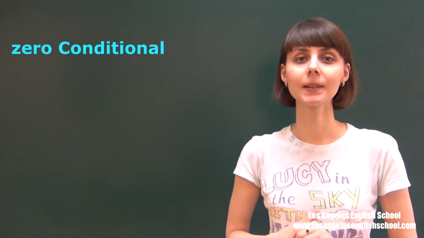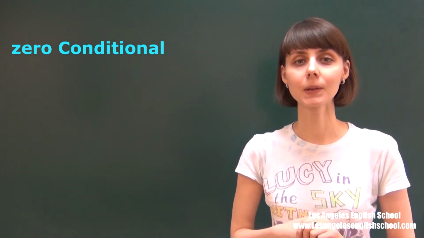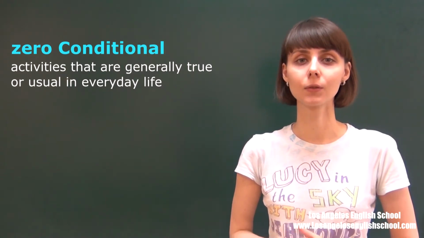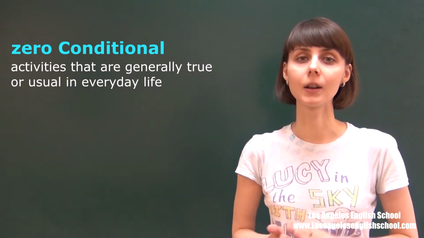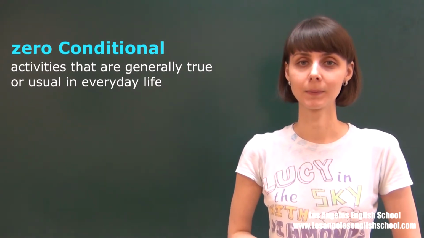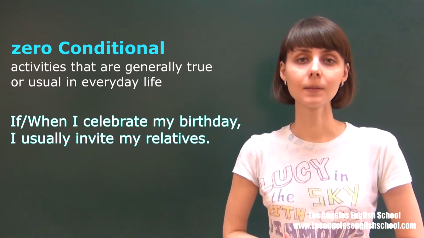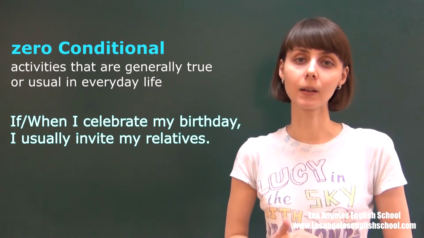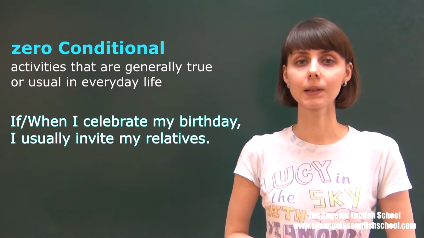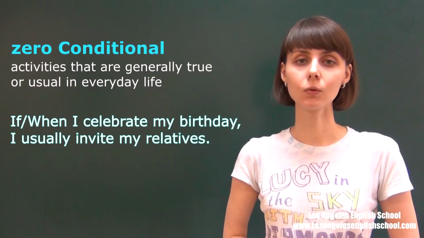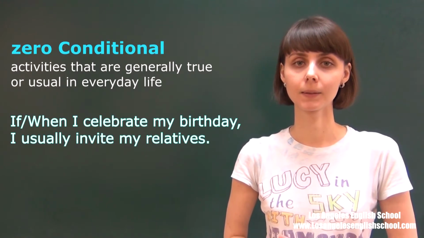Zero conditional sentences are used when we talk about activities that are generally true or usual in our everyday lives. For example, if I celebrate my birthday, I usually invite my relatives. You can also say, when I celebrate my birthday, I usually invite my relatives.